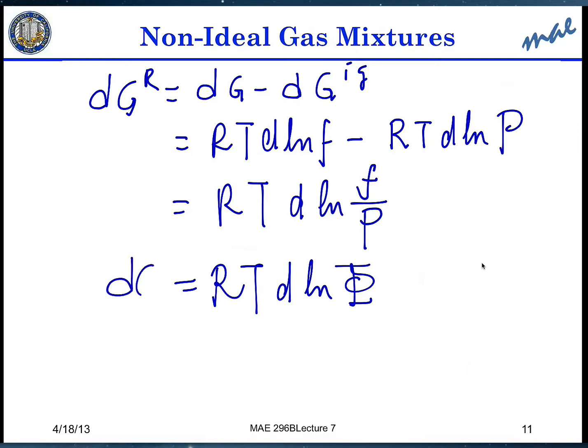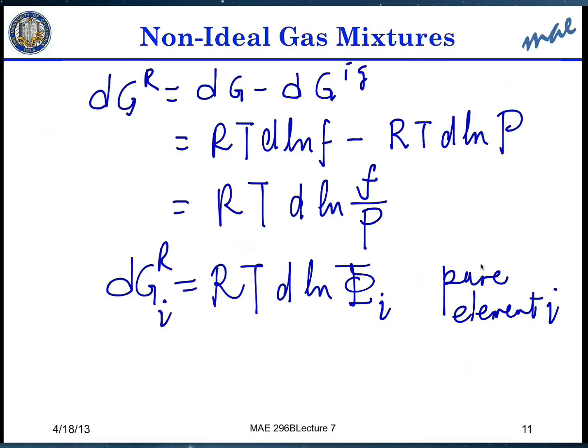If we have now an element i, to be specific, then this phi is for that element i, a pure unmixed element i that we have in our system. So we will use this equation.